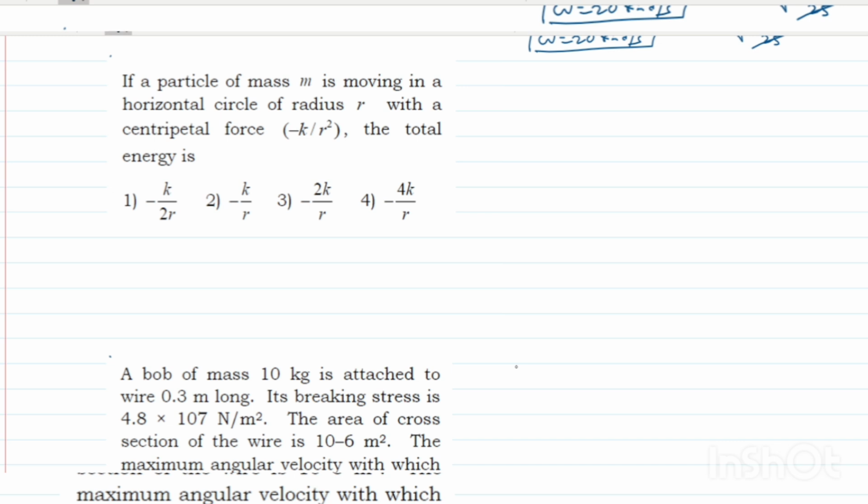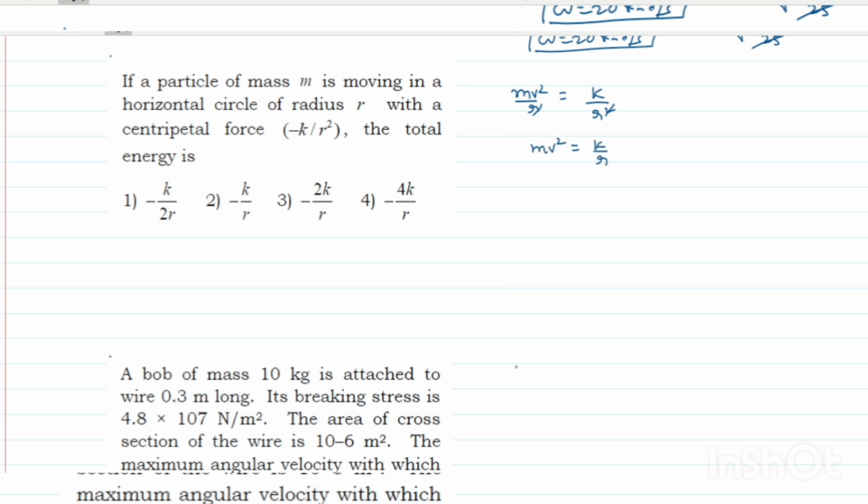So let us talk about the magnitude alone, students. Here centripetal force is always going to be acting towards the center, it's a radial force. So m v square by r, here I am just talking about only the magnitude, equals k by r square. Here one r gets cancelled, so m v square will be equal to k by r.